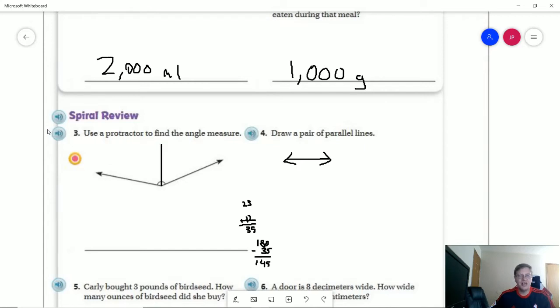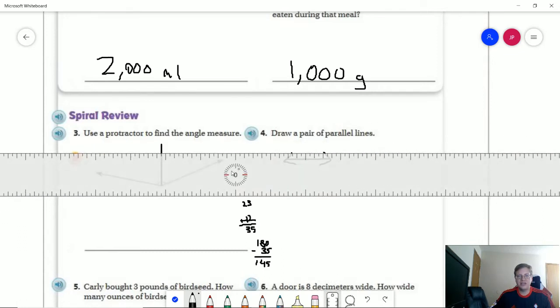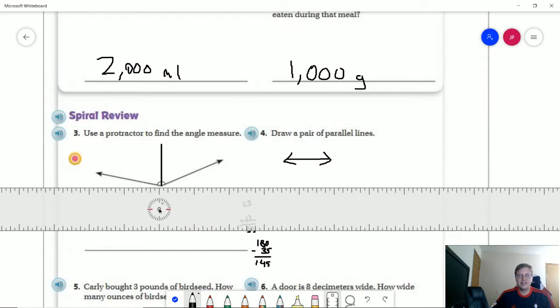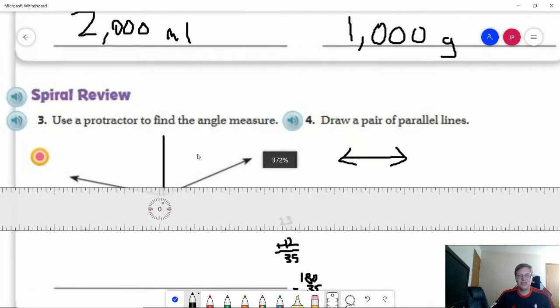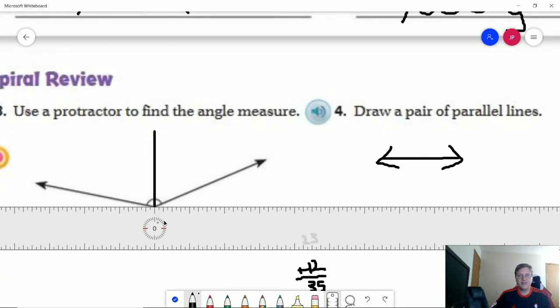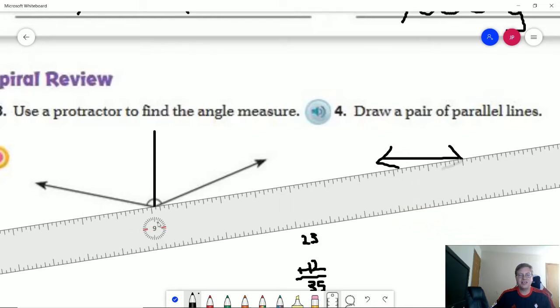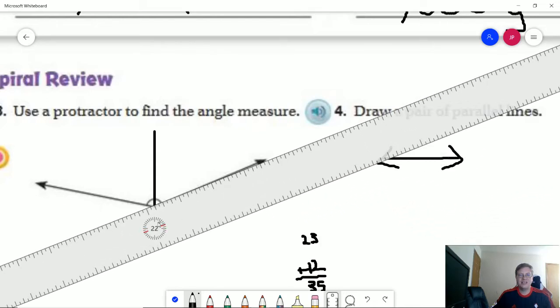All right, so I do not have a protractor, and I do not have a way to make a protractor, but what I do know is that I can go ahead and take this, zoom in, and set it right here. And so I made a 90-degree angle so that I could take this and rotate it to get my measurement.